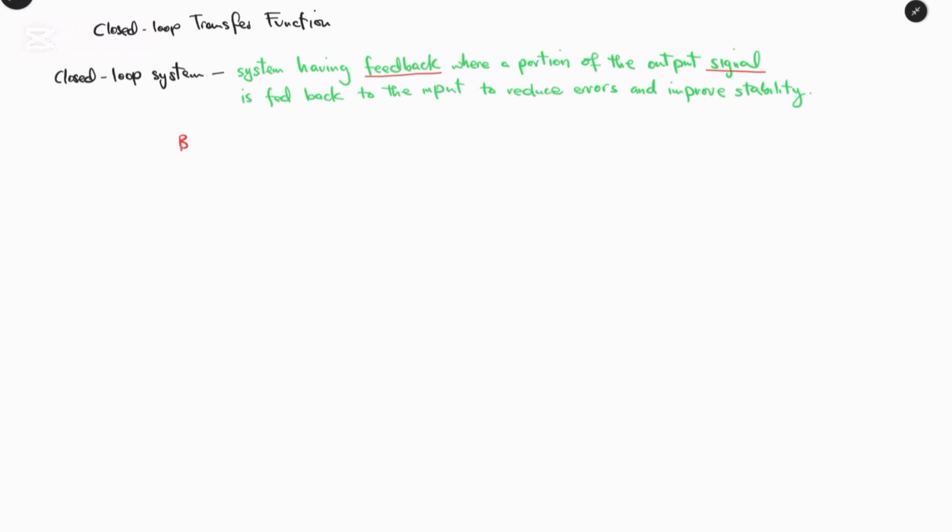Now I will again draw the block diagram, and we all know from the block diagram we have the desired input, and we have the comparator, and we have the controller, and we have the plant, and we have the actual output.